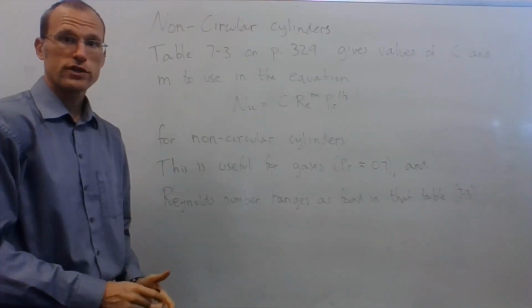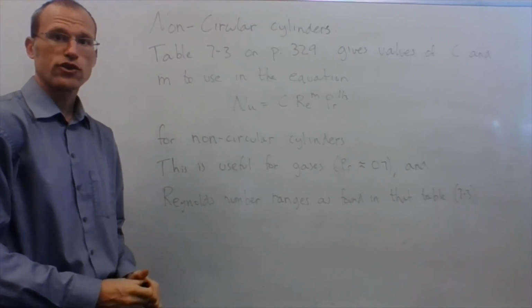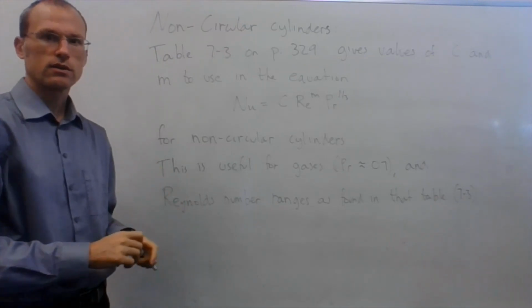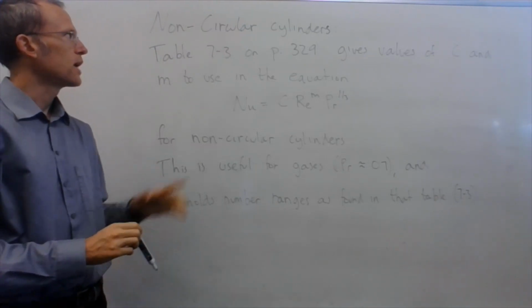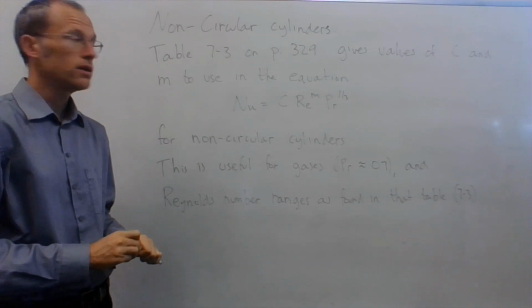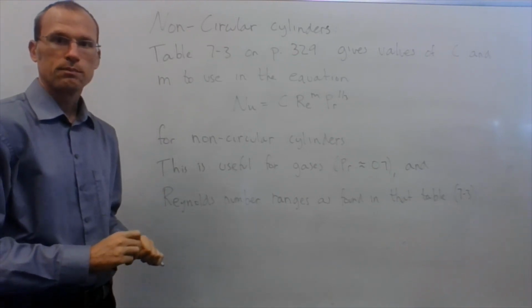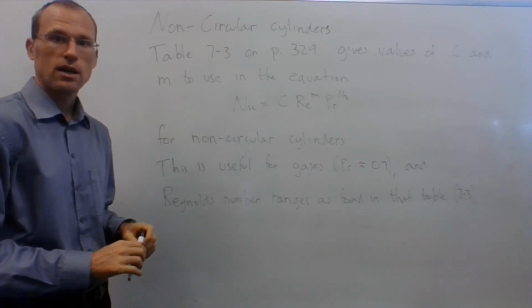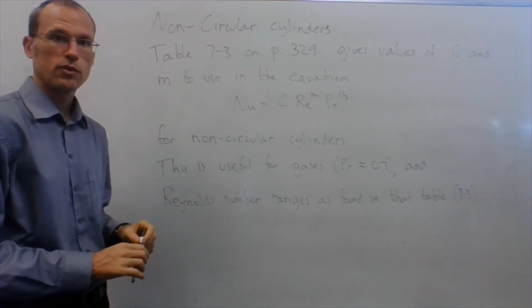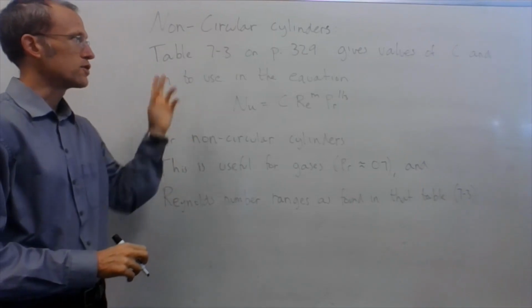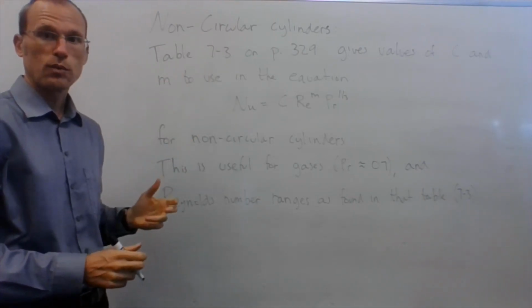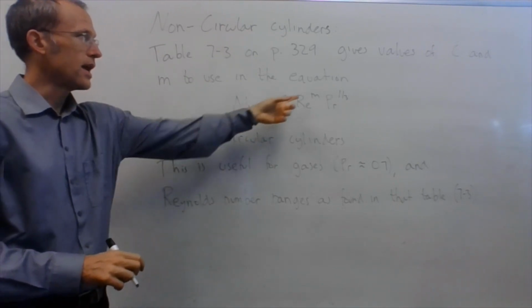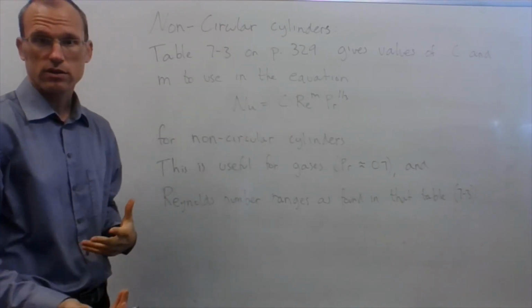In addition to those circular cylinders, there's also the case of non-circular cylinders, so elliptical or even square ducting types of things. In this case, we have Table 7-3, page 329. We go back to the simple equation, Nusselt number is C times Reynolds number to the power m times Prandtl number to the 1/3 power. There's a table similar to the one we saw before, but with different values for C and m for different Reynolds numbers.